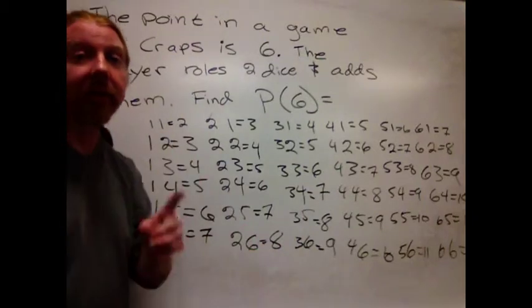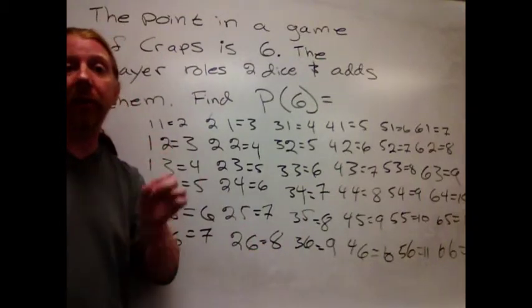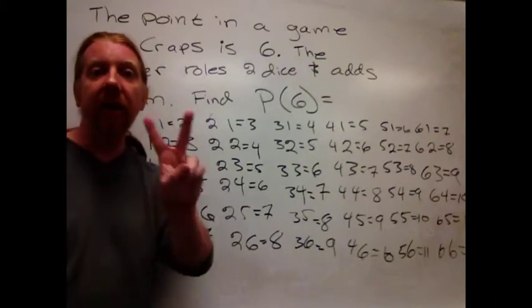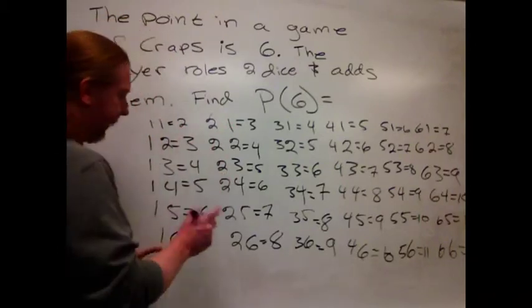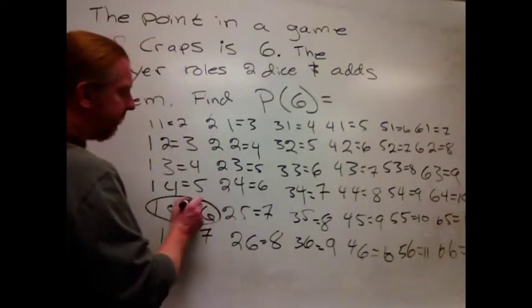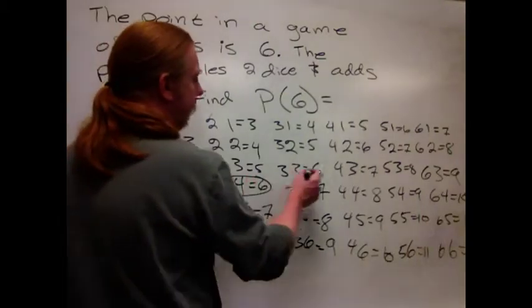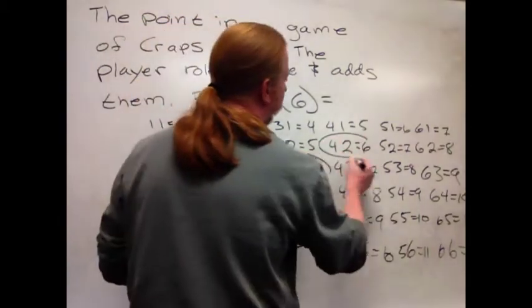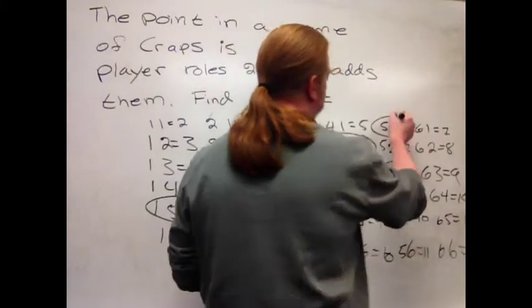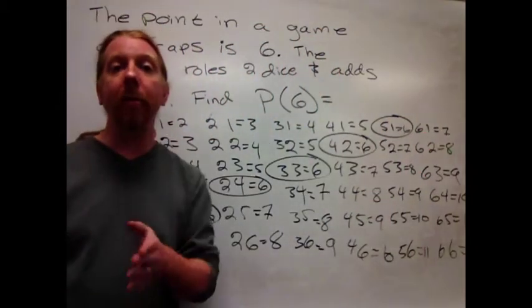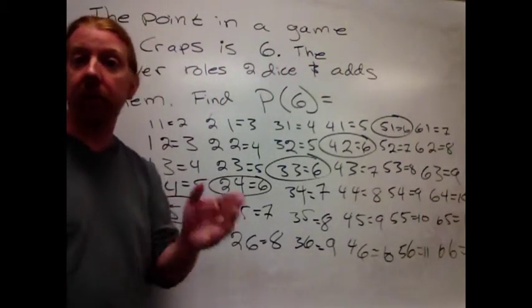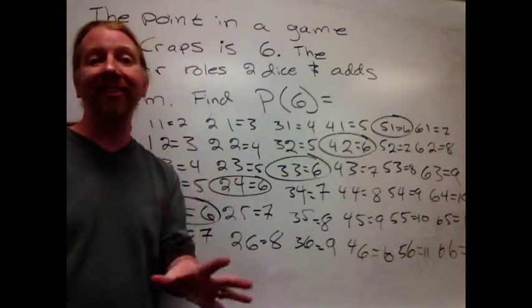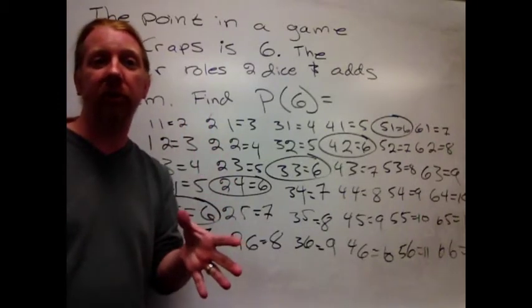And that's important because it lets us look to see how many different ways I can generate a 6 on these 2 dice. I can do 1 and 5, 2 and 4, 3 and 3, 4 and 2, 5 and 1. Those all represent ways to get 6 as my total, out of 36 total possible combinations.